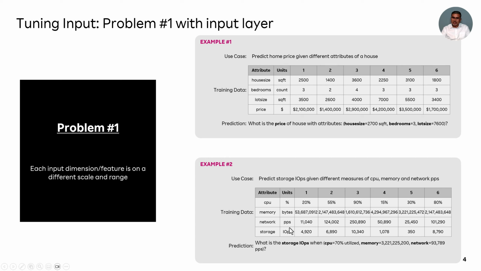The packets per second is usually much higher, between tens of thousands to hundreds of thousands. The memory, which is measured in bytes, memory consumption could be much, much larger, millions of bytes. And then the CPU utilization is measured in percentages between 0 and 100%. So that's the first problem. The units of the features that you're passing in as input could be very different, and the range of values also could be very different.